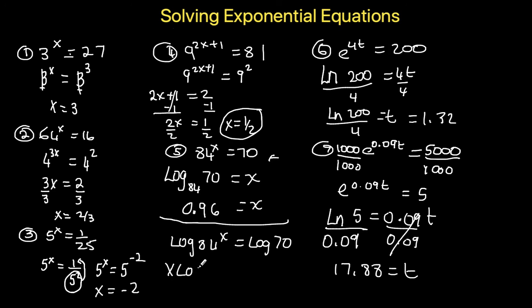So this is x log 84 equals log 70, then divide by log 84. Some of the problems in my notes have this method, so I wanted to expose y'all to both. If you enter this in your calculator, you will get the same thing. Okay, so just two different ways of doing the same problem.